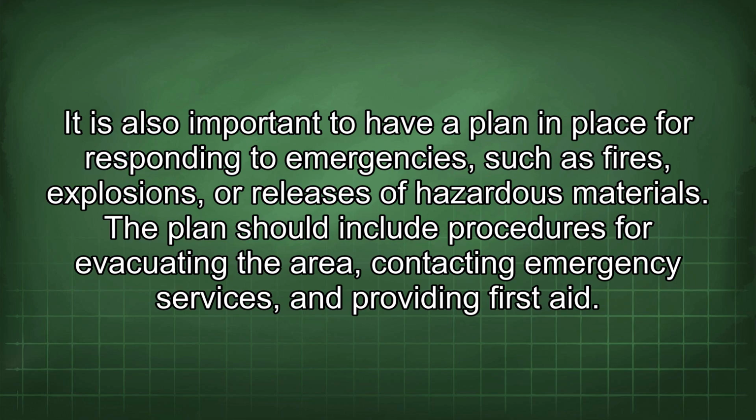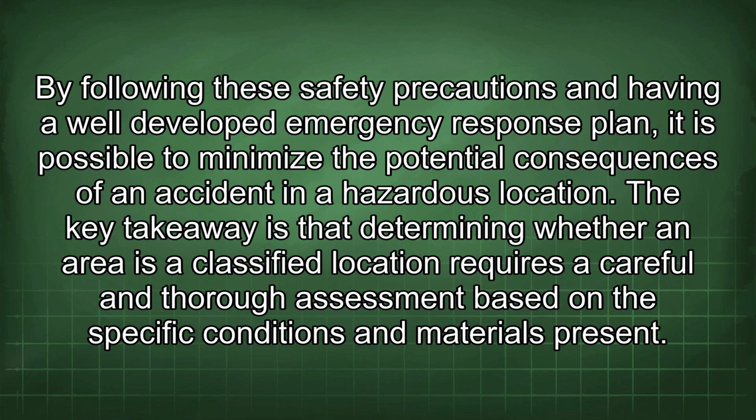It is also important to have a plan in place for responding to emergencies, such as fires, explosions, or releases of hazardous materials. The plan should include procedures for evacuating the area, contacting emergency services, and providing first aid. By following these safety precautions and having a well-developed emergency response plan, it is possible to minimize the potential consequences of an accident in a hazardous location.